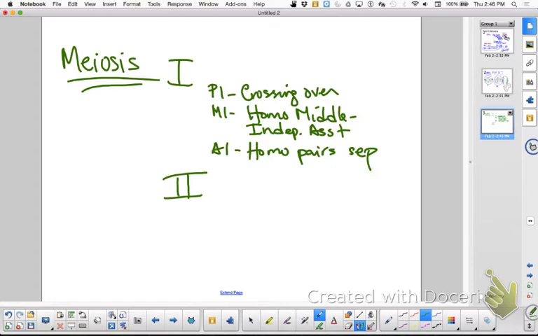Any key event happening? What happens in metaphase 2? Thank you, sweetheart. That's when the single chromosomes are in the middle, right? So here, they're single file, like this. Whereas here, they're like this, yeah?